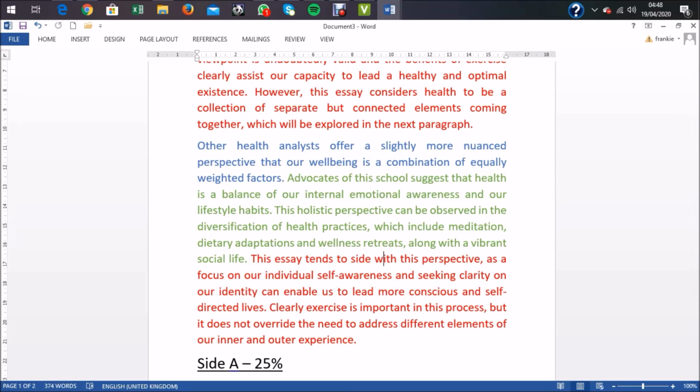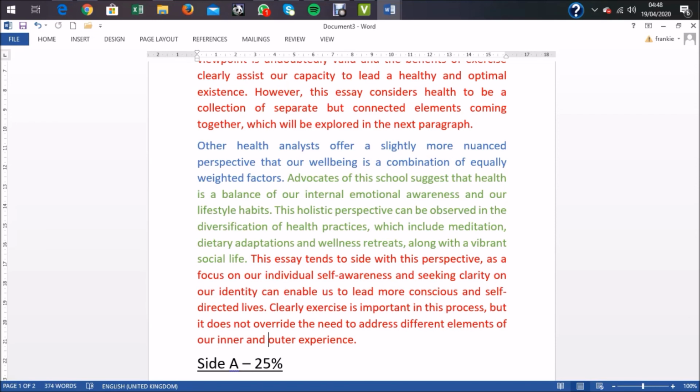This essay tends to side with this perspective, as a focus on our individual self-awareness and seeking clarity on our identity can enable us to lead more conscious and self-directed lives. Clearly, exercise is important in this process, but it does not override the need to address different elements of our inner and outer experience.